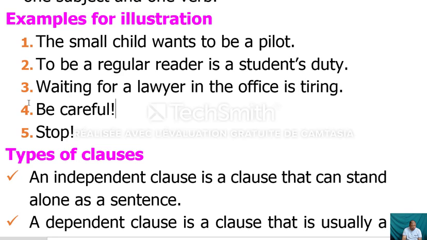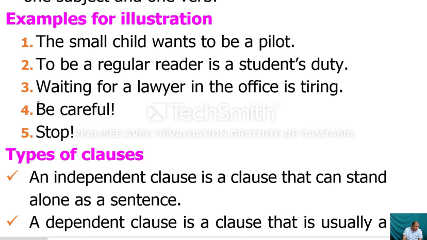Now we move to number four, but it's very easy. You are going to understand it without problems. Be careful. This is imperative. And automatically we understand that when we say be careful, we address a person. We are speaking to an addressee.